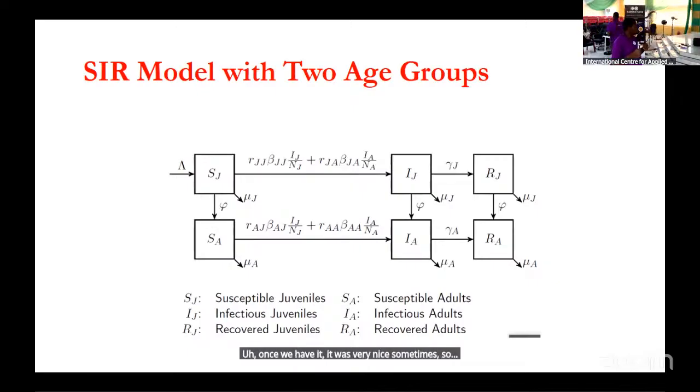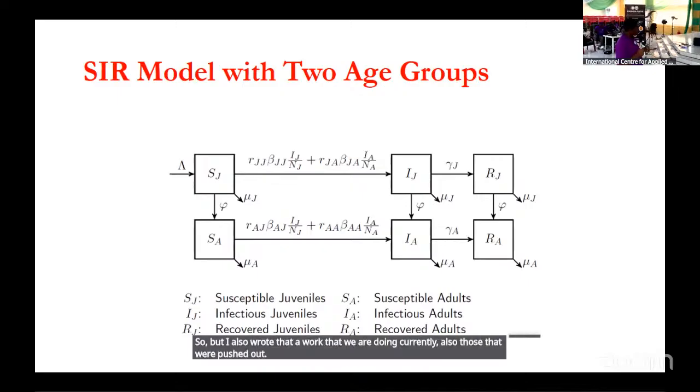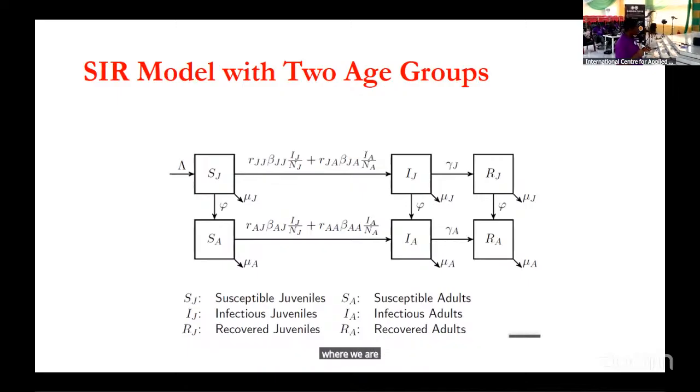But in work we are doing currently, we have to consider outdoor biting mosquitoes, indoor biting mosquitoes, and the wearing of LLIN. Then we started seeing that the effect LLIN promises is not as large as in the first paper that was published.